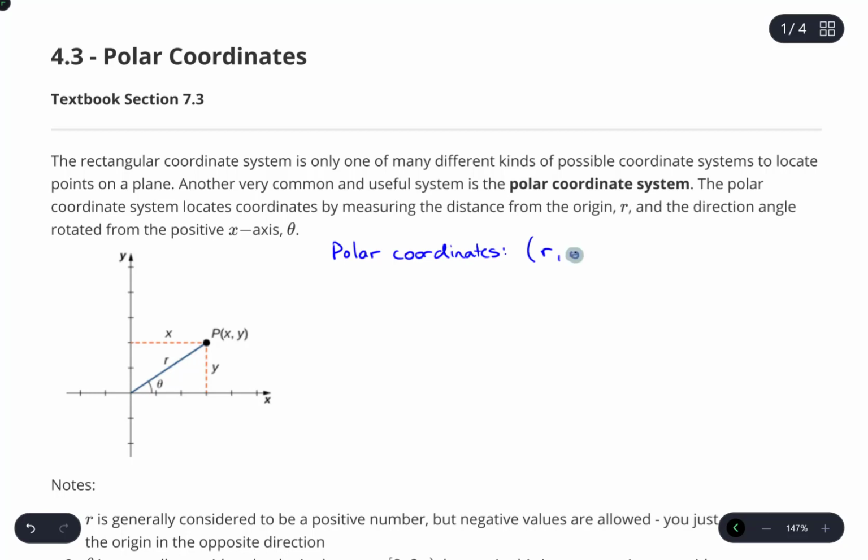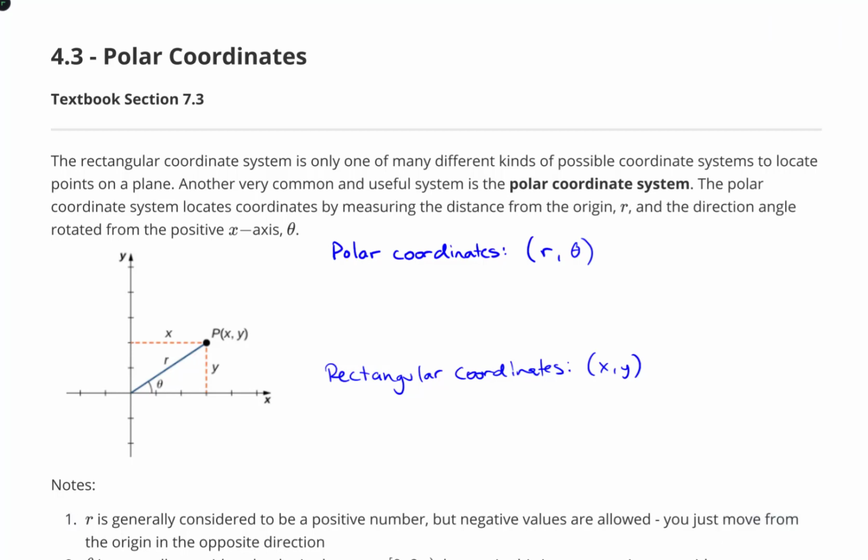And it looks similar to a rectangular coordinate point, but it's interpreted differently. Our rectangular coordinates look like just x and y. But there's a clear way of transforming between the two systems.